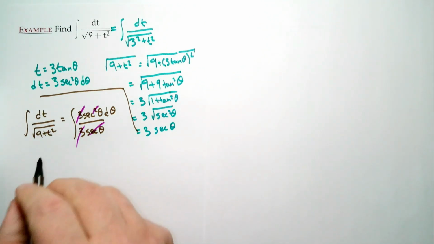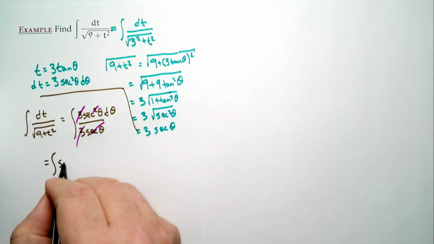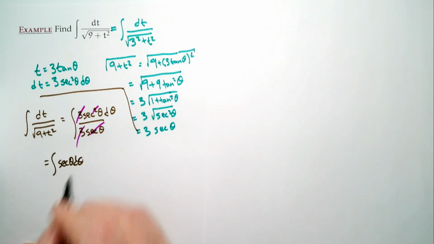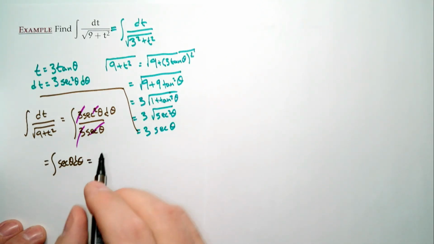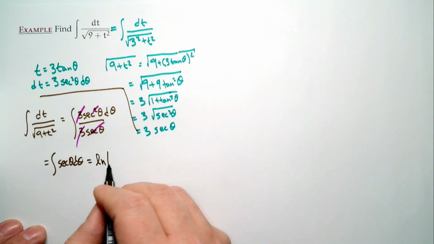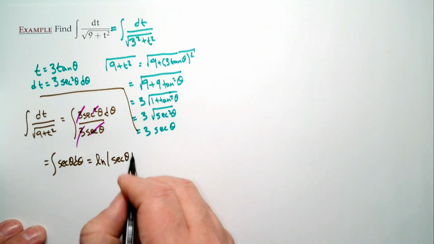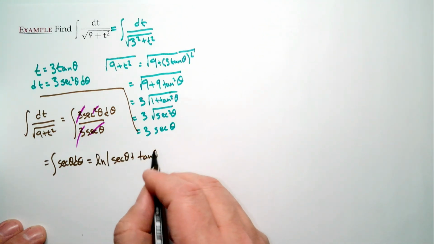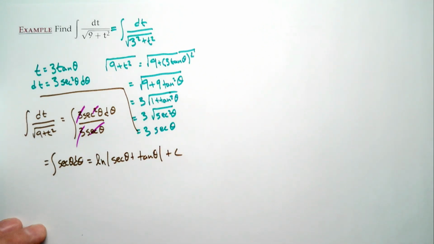Now, how do you integrate secant? Yeah, the way you integrate secant is you memorize it. It's one of the 10 that you need to know. And remember, there's just 10 of them. So you should know them. So log of secant plus tangent. And then plus c. All right, are we done?